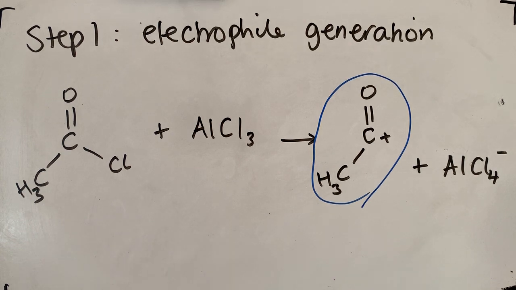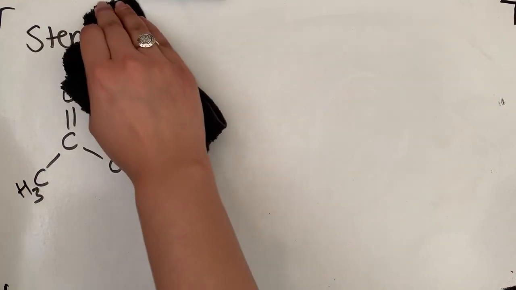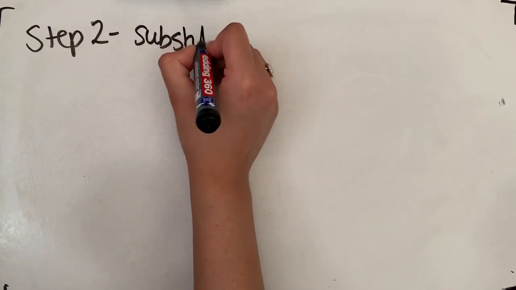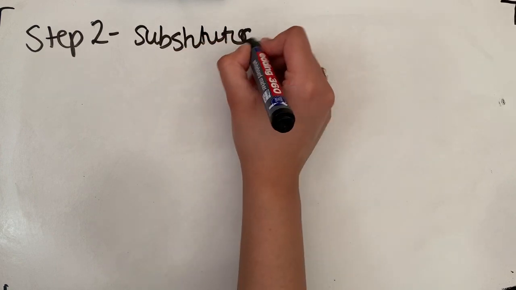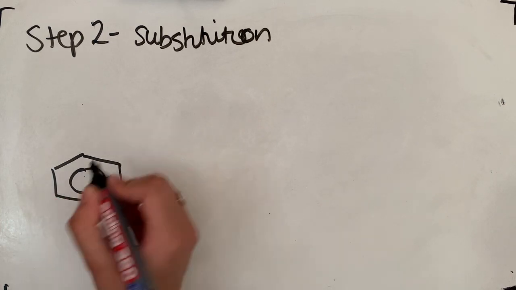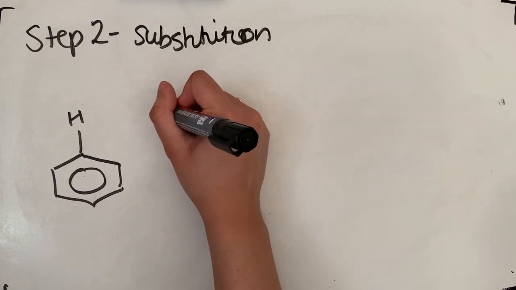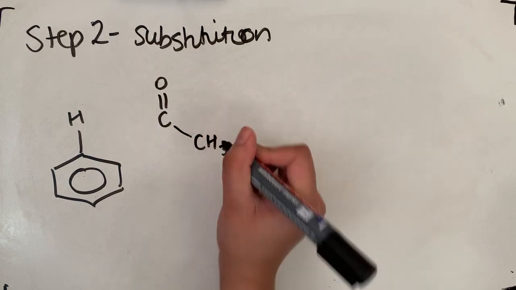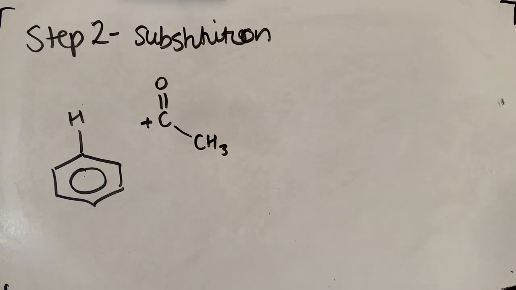Okay, so moving on to step 2. This is where we do the substitution reaction using our curly arrows. Starting off with our benzene ring, draw my electrophile in. I'm just going to flip it the other way, like that.